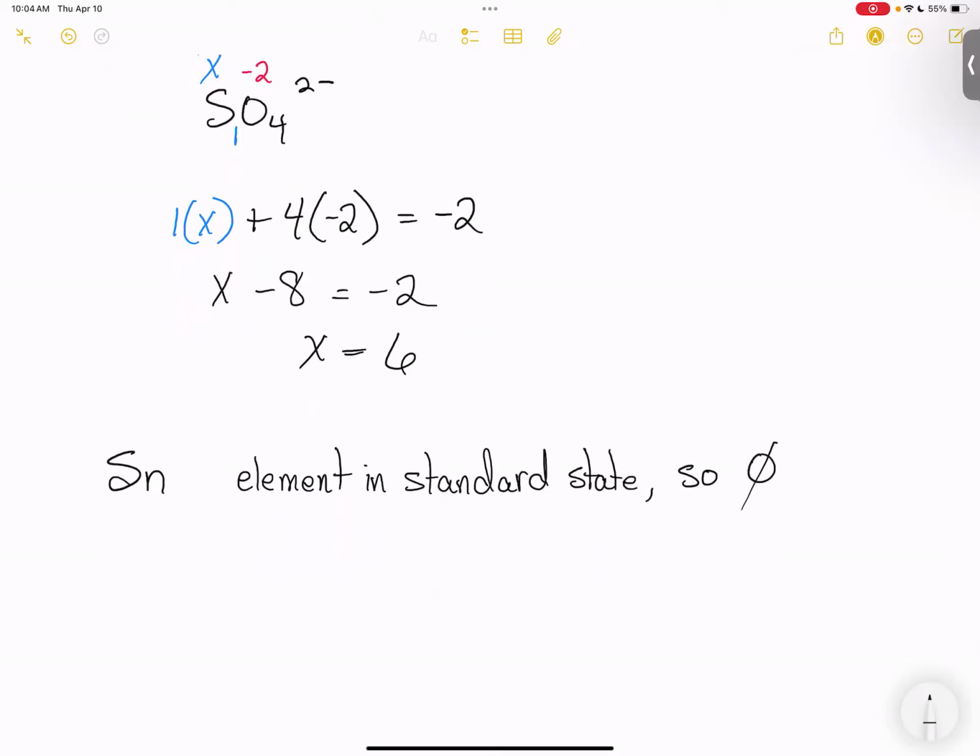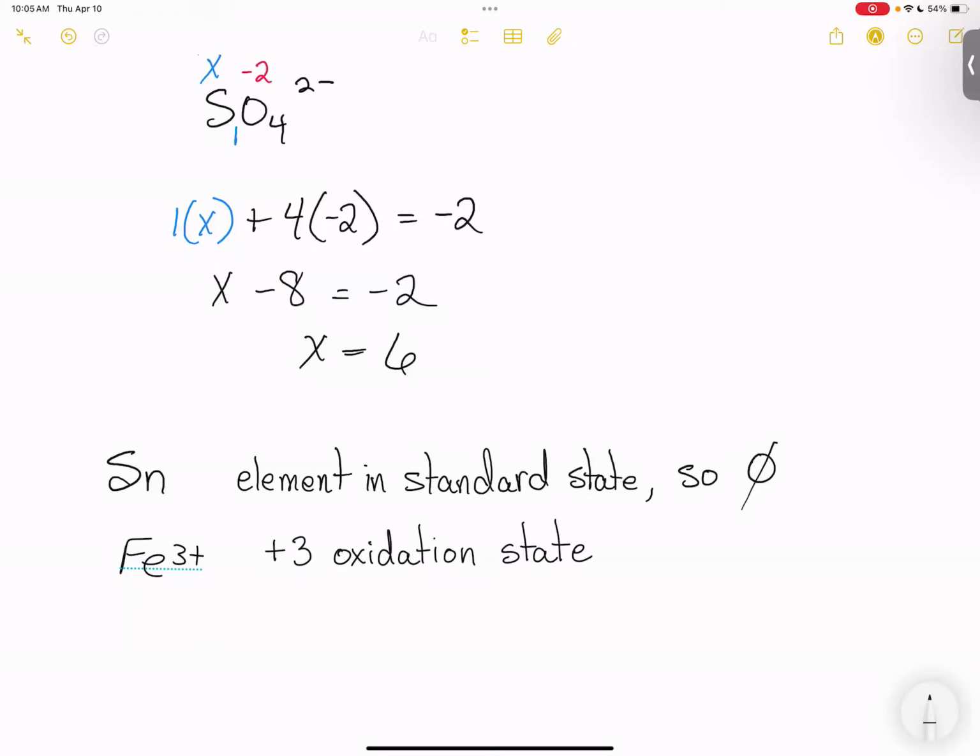If I give you Fe3+, the oxidation state is a +3, because ions will have the same oxidation state as their charge.